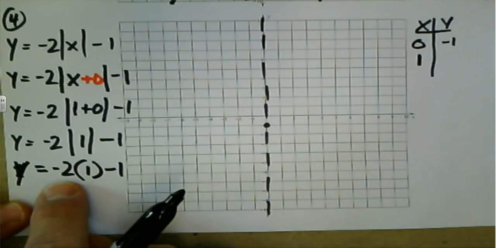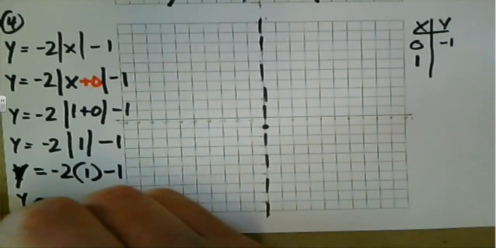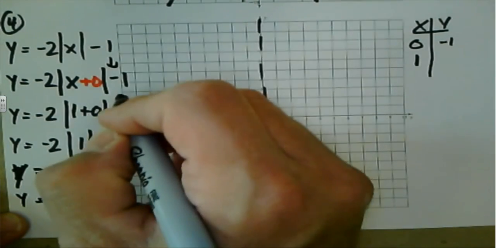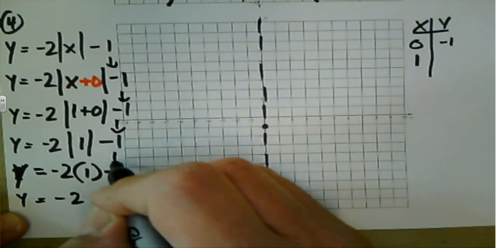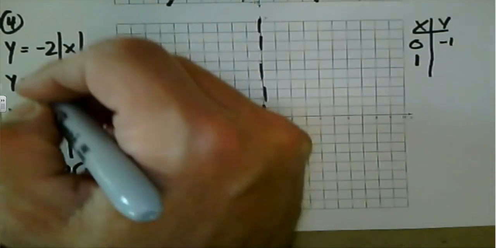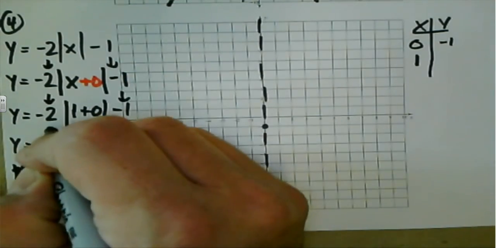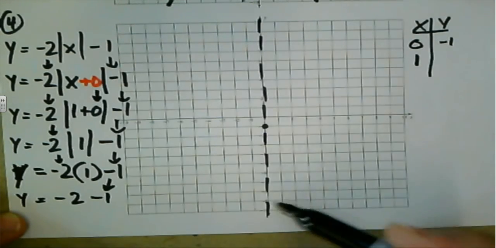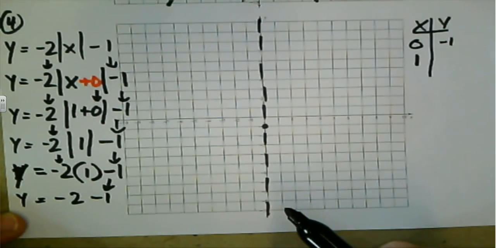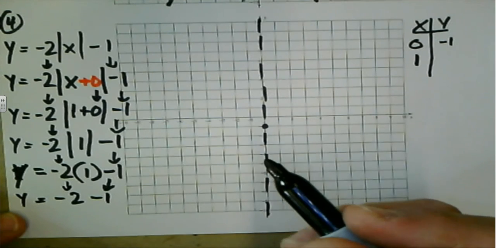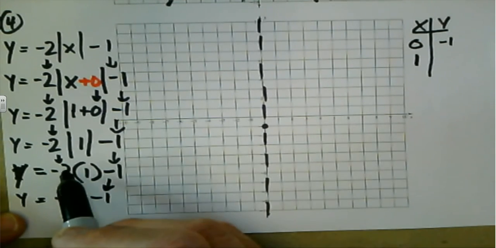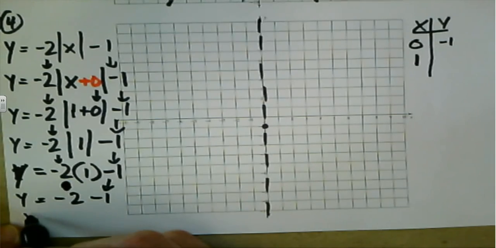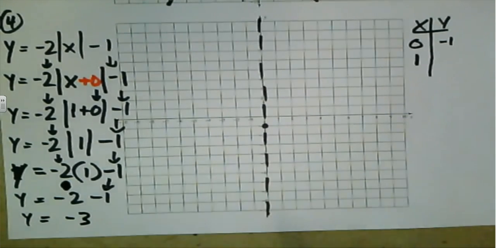It's now multiplication. Negative 2 times 1 is negative 2. All I'm doing is bringing down that front number. Negative 2 times 1, negative 2. Negative 2 minus 1, negative 3.